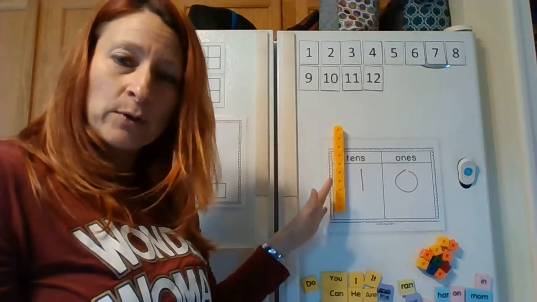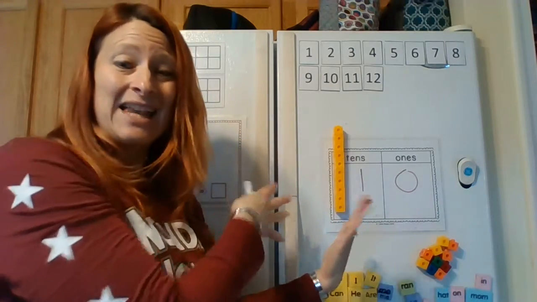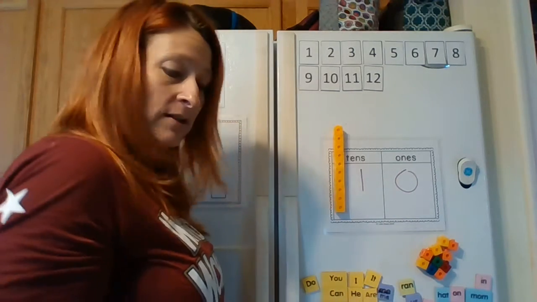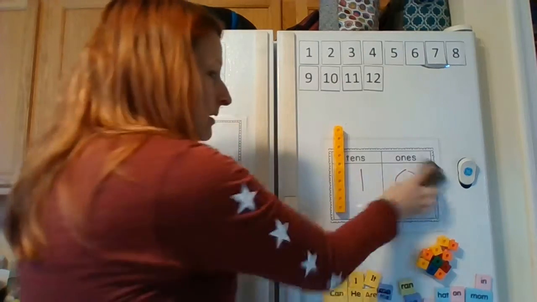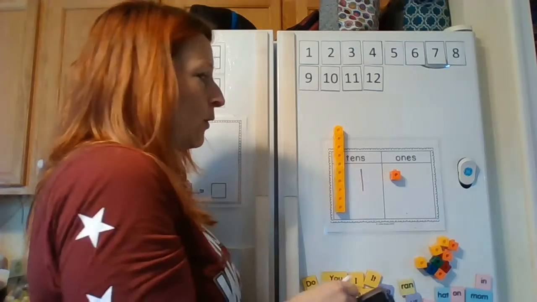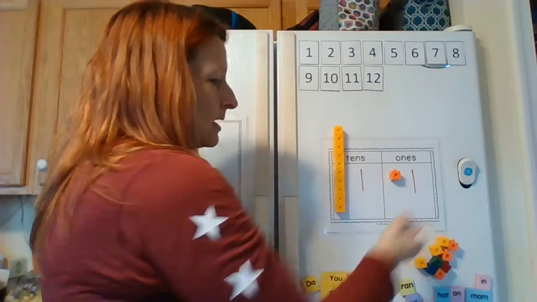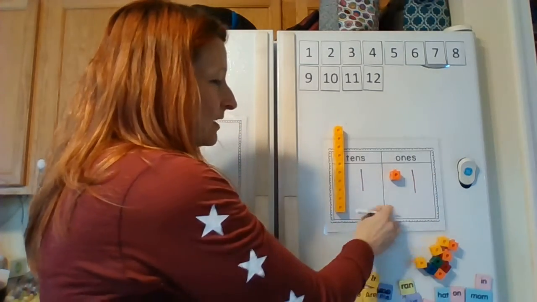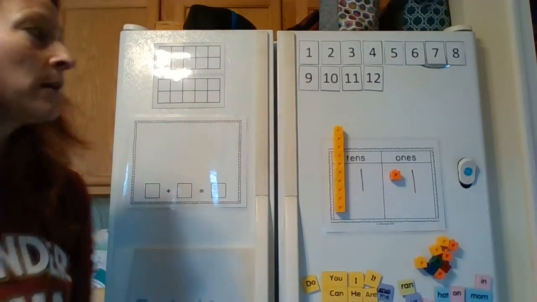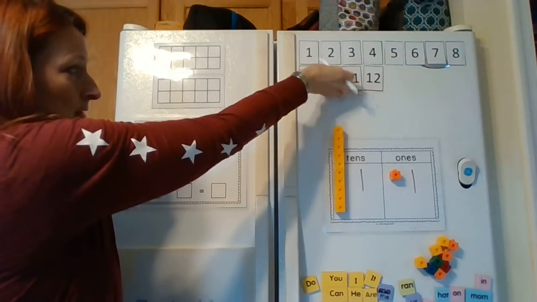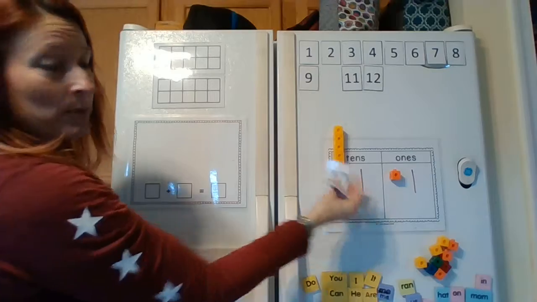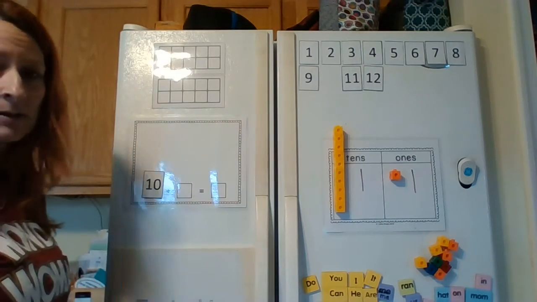So if I know that I have one group of 10, I already know that there are 10 of them there. So like I said, yesterday when we talked about 11, you would have one group of 10 and one group of ones, and that would equal 11. So you would look at 11. So we'll come over here. So you're taking this, which is a group of 10, put it here.